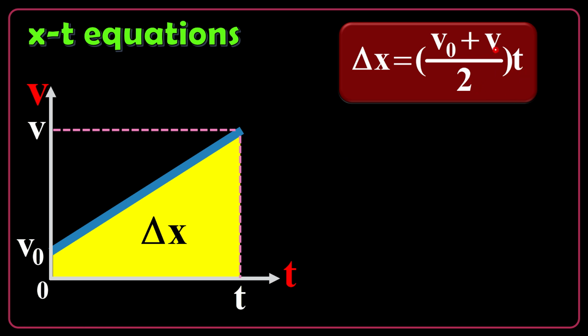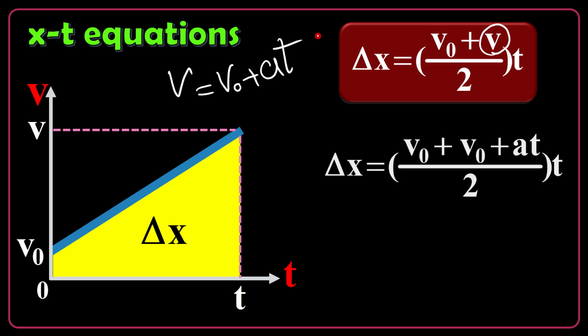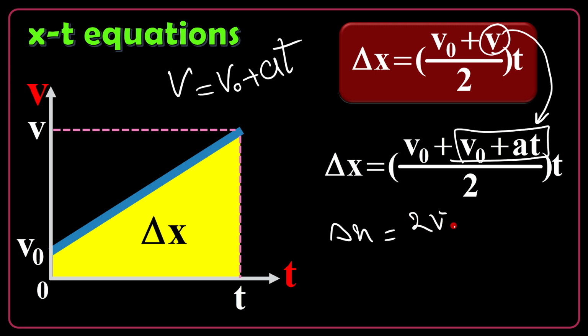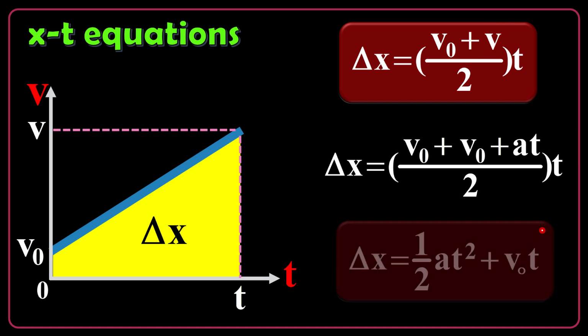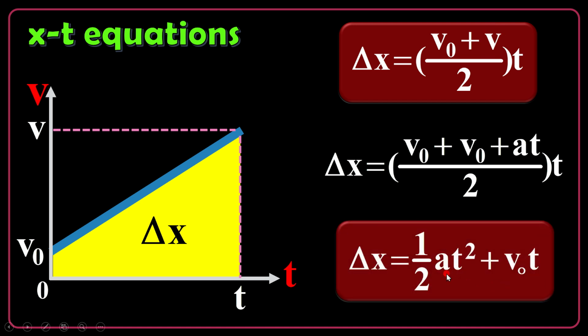If I plug in the v here, I will find another alternative for delta x. V, you remember, was v0 plus at from the previous slide. So I can write v0 plus at instead of v. Okay, and then I will write delta x to be 2v0 plus at divided by 2 times t. And if I rearrange the equation, I will find a half of at squared plus v naught t.